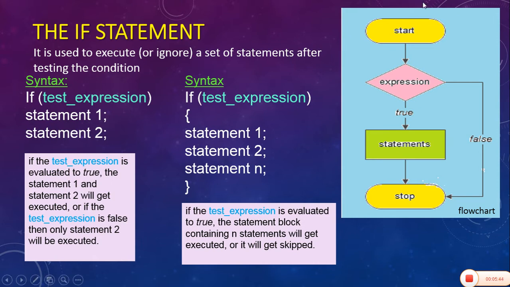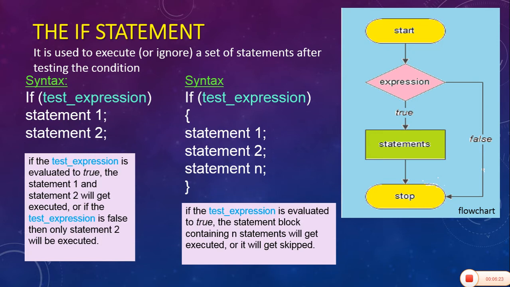So here is a flow chart that will give you the pictorial representation of the if statement. Any program will start here. I have skipped the initialization and declaration, which is also part of the flow chart. This flow chart is just based on the if statement. Here you can see an expression in the condition box. If the expression is true, then the statements will be executed.